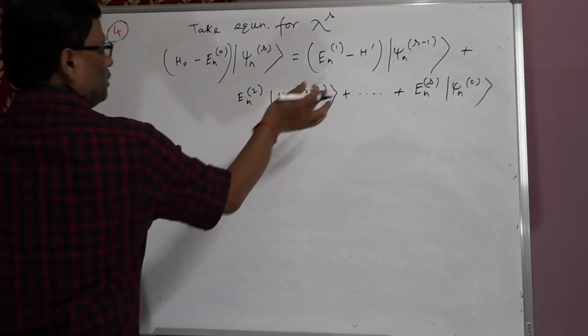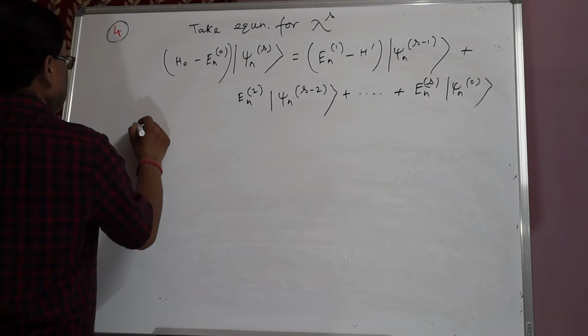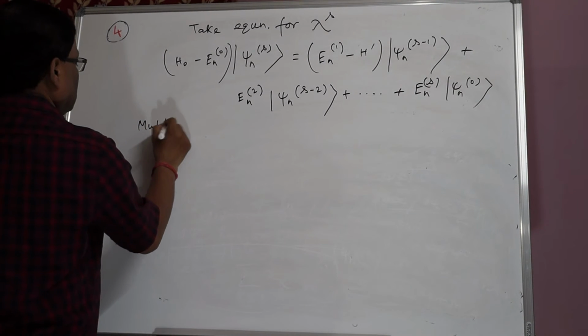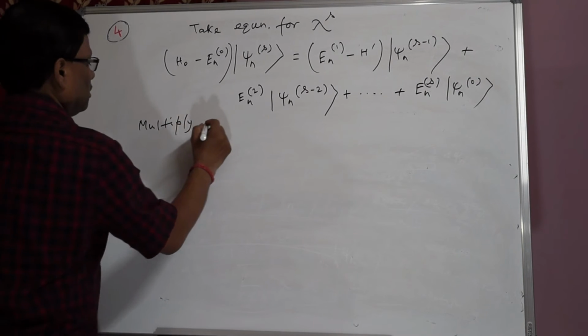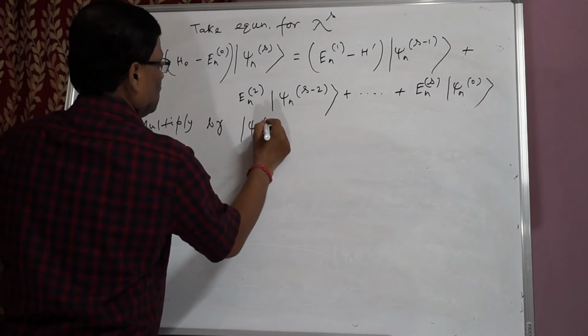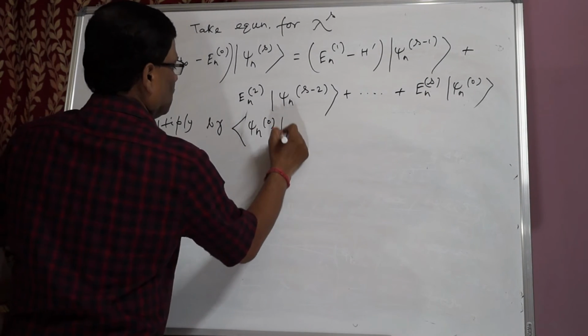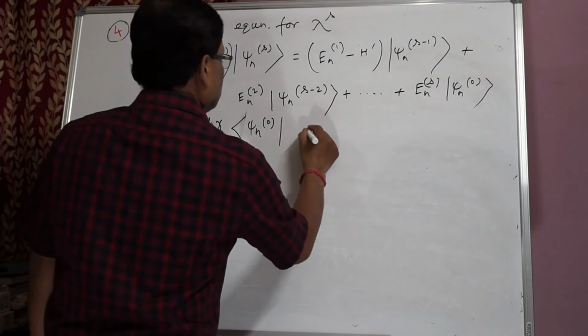Now we multiply both sides by bra psi n 0, on both sides.